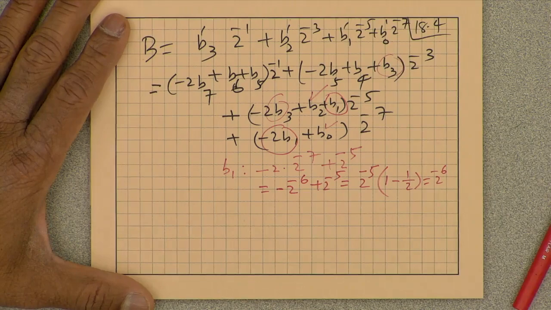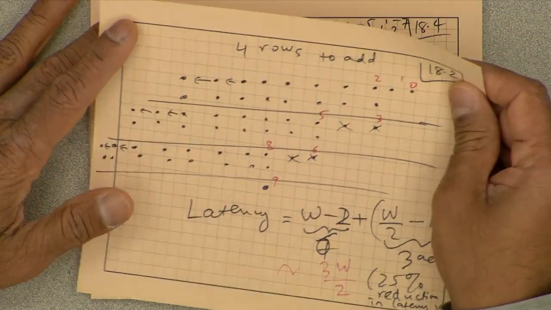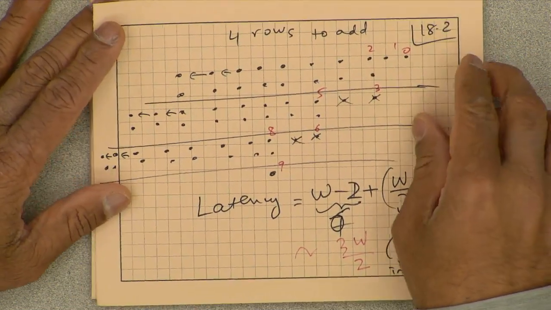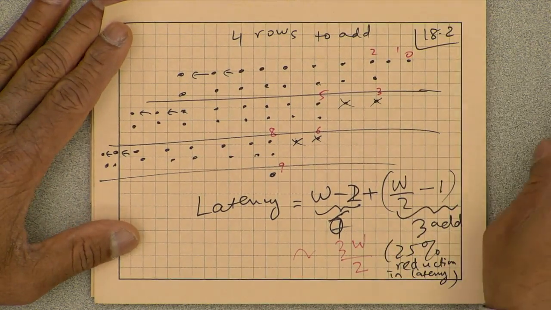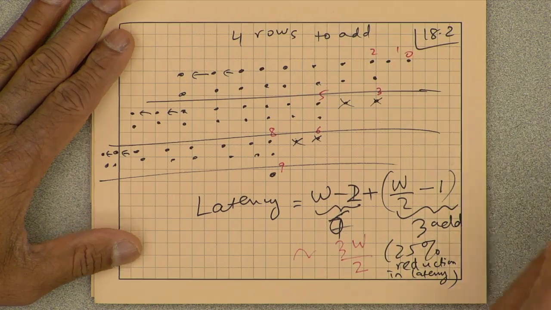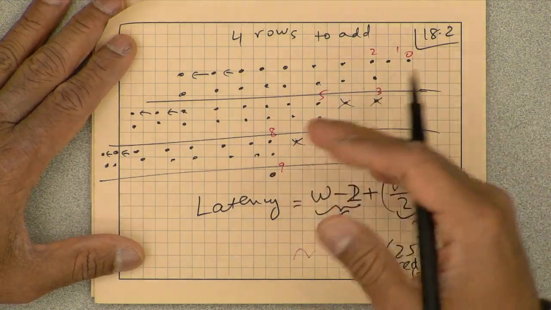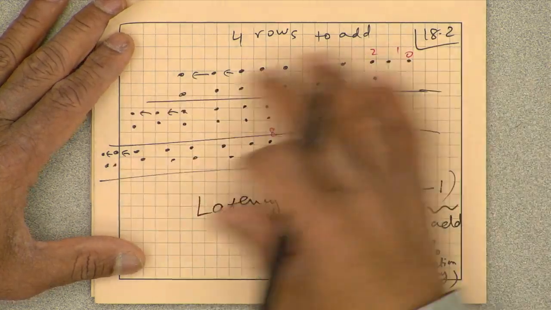Now you can relate back to what I was saying. If I take an 8-bit value of B and replace that by 4 digits, then I can replace it by 4 rows.